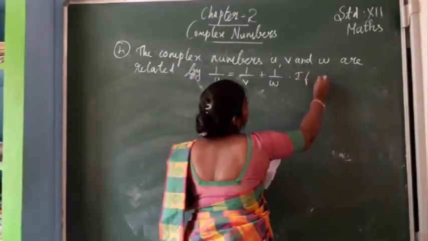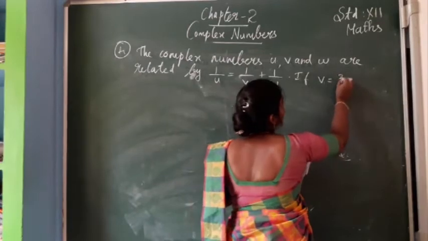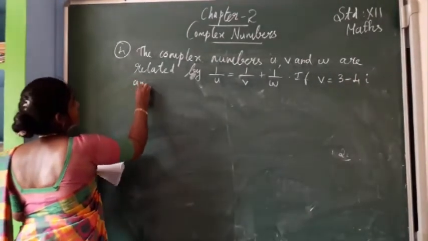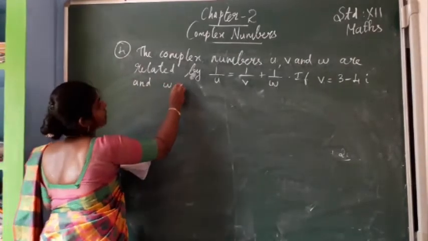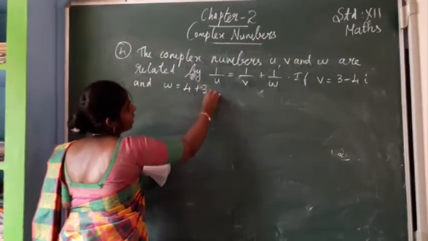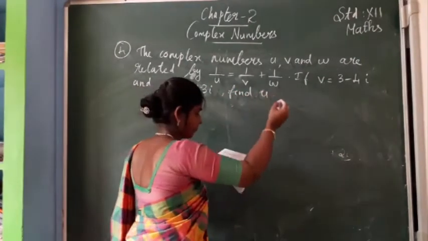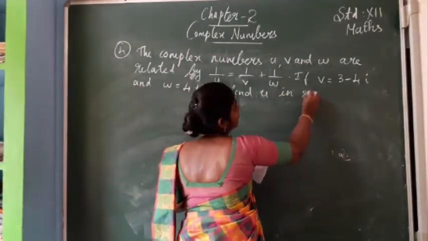If v = 3 − 4i and w = 4 + 3i, find u in rectangular form.